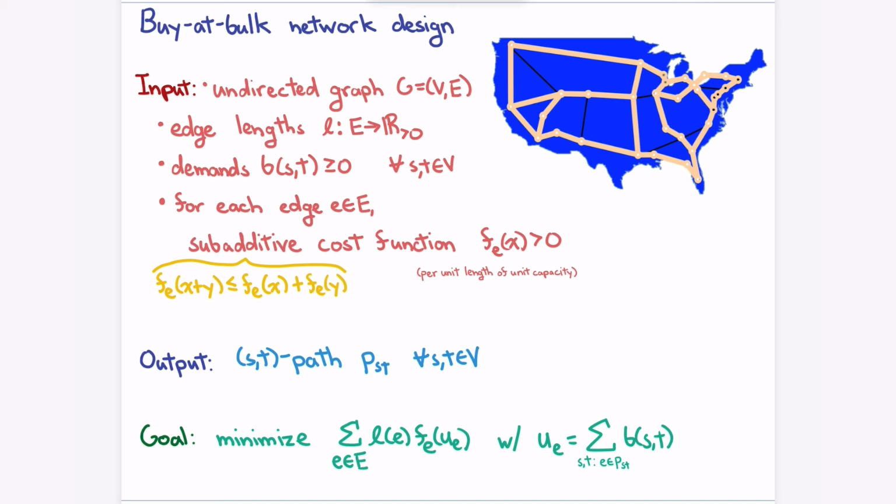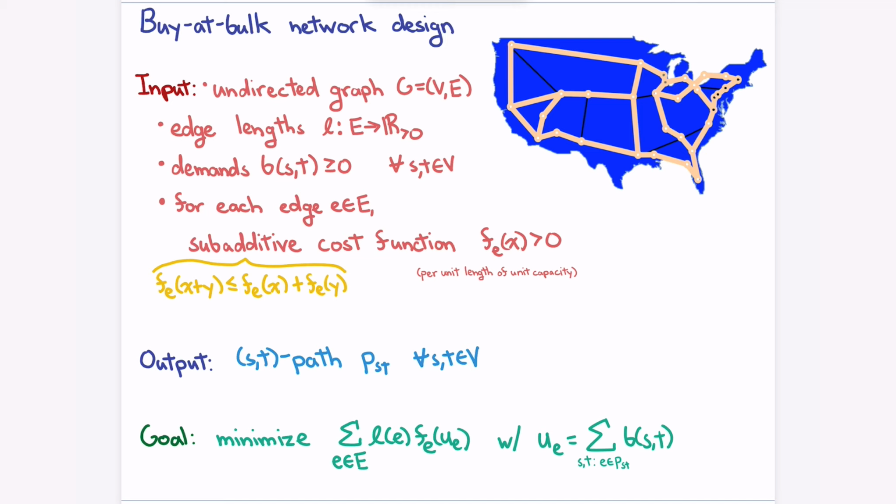So if I buy enough for 10 connections, this part is saying that sub-additive is really saying the cost of buying 10 should be at most the cost of buying 10 cables of unit one.